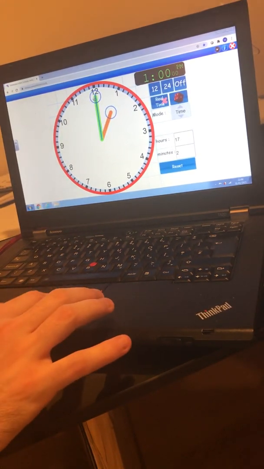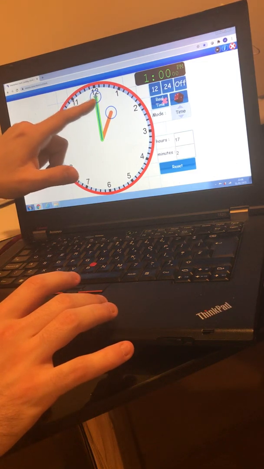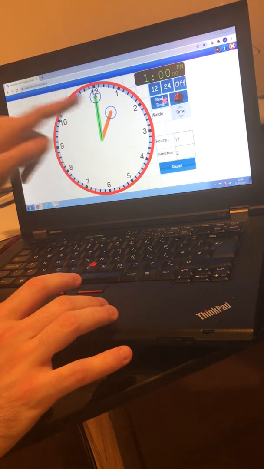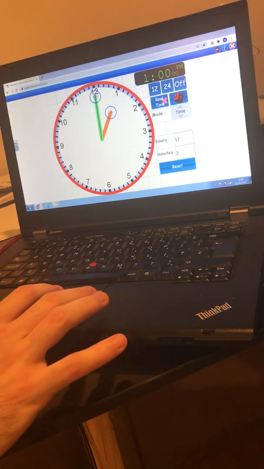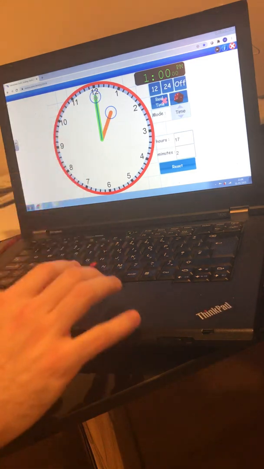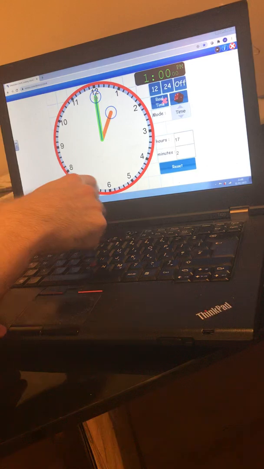Well, for these ones, I'm saying we have to use our minute hand if we're taking away less than an hour. So if we're doing half an hour, we want this minute hand to go back halfway.